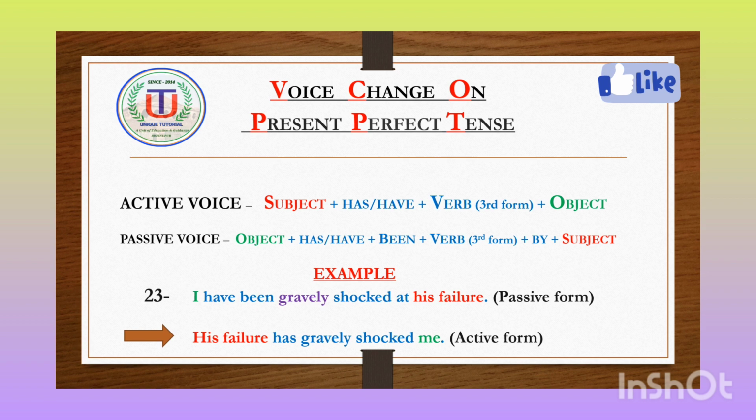Next example is, I have been gravely shocked at his failure. The sentence is in passive form and in present perfect tense. So to make this sentence in active form, first will be his failure, then has, then gravely shocked me. So the final answer is, his failure has gravely shocked me.